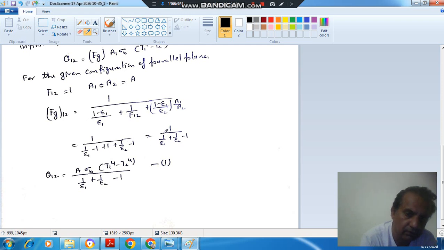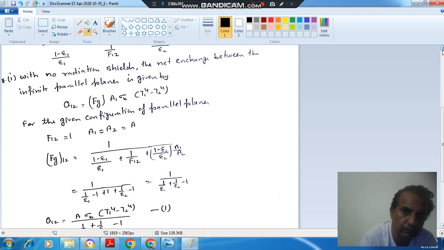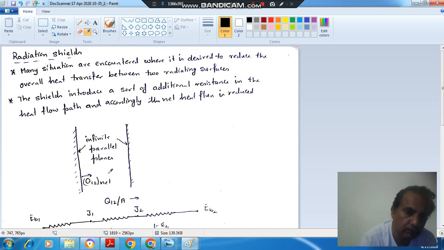Further it is 1 by (1 by epsilon 1 plus 1 by epsilon 2 minus 1). So heat transfer can be written as A sigma bracket (T1^4 minus T2^4) divided by this. So this is the net heat transfer between the two infinite parallel planes.